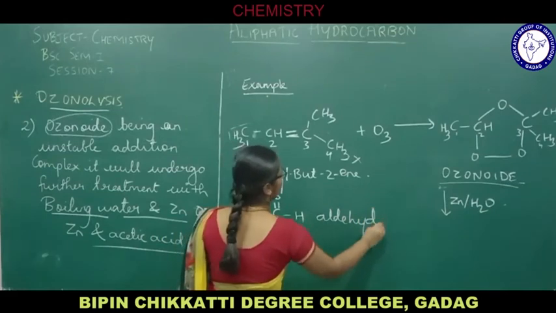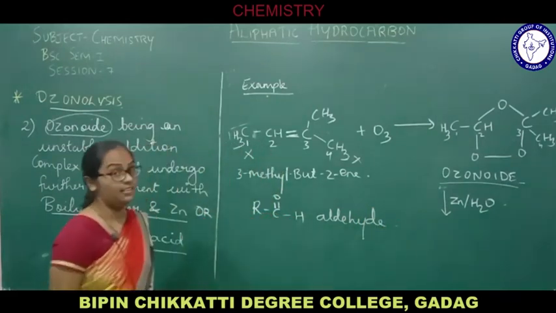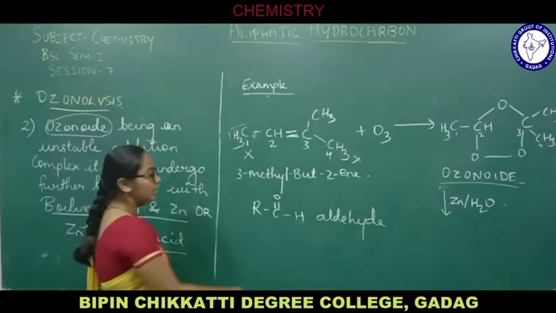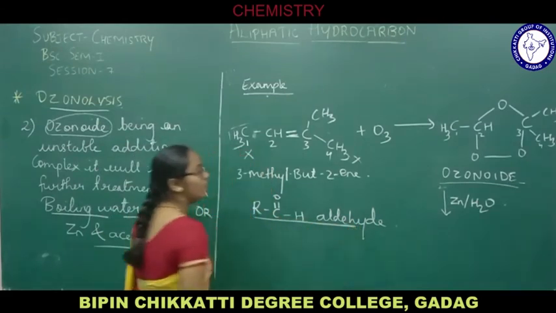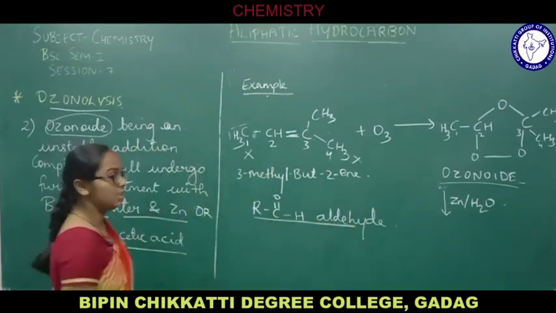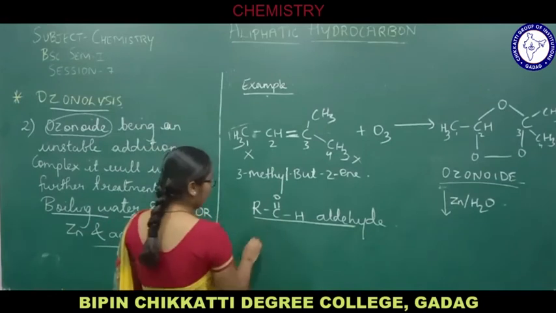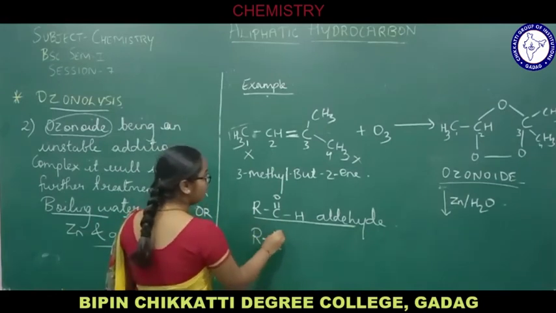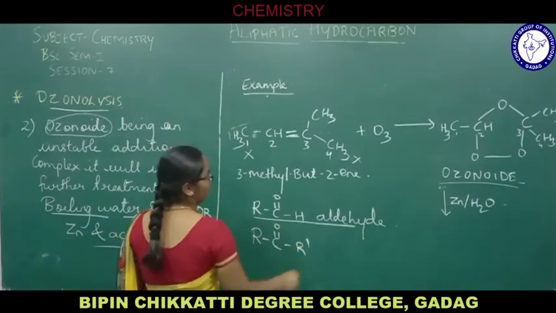Aldehyde, you guys know this because it is in your 12th standard. The aldehyde will have the functional group RCOH, whereas this one is an acetone.